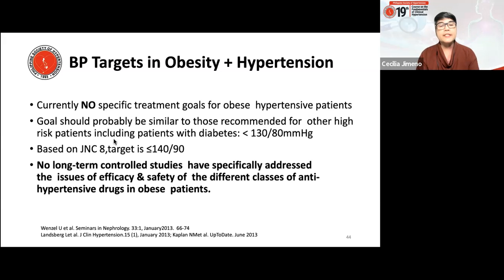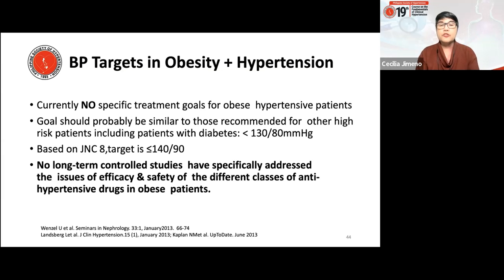Based on the JNC 8 target, it's still less than 140/90, but we generally adapt the BP target of less than 130/80. There are actually no long-term controlled studies that have specifically addressed the efficacy and safety of the different antihypertensive drug classes in obese patients.